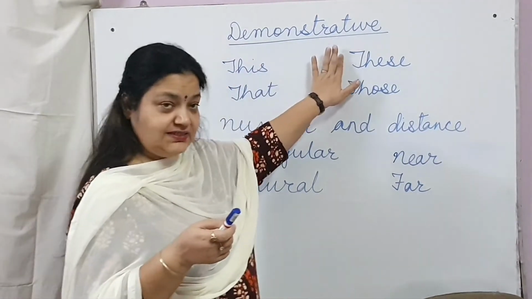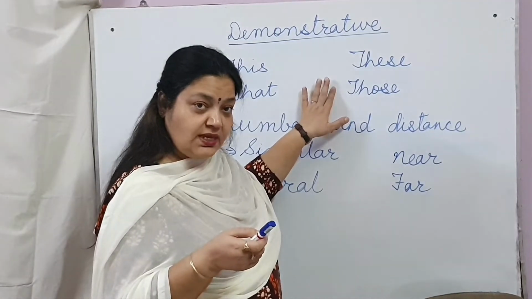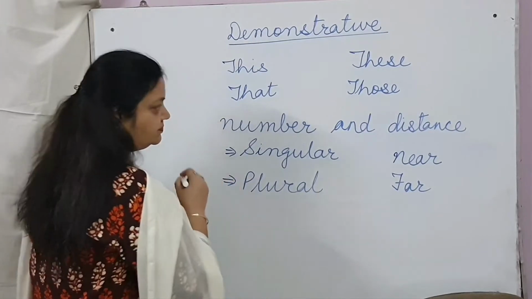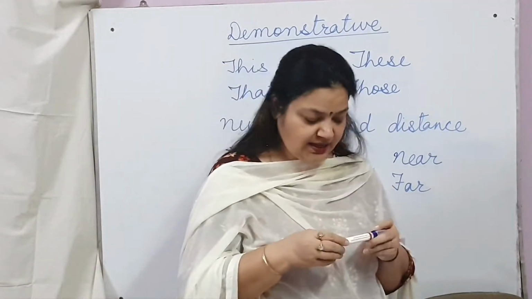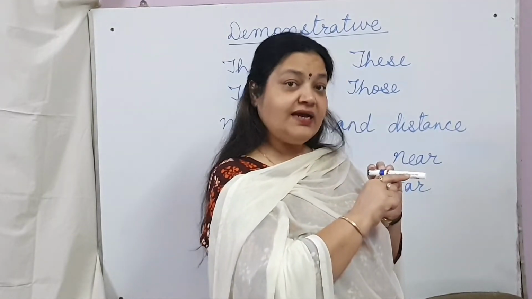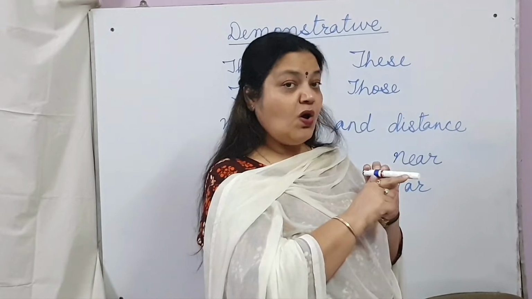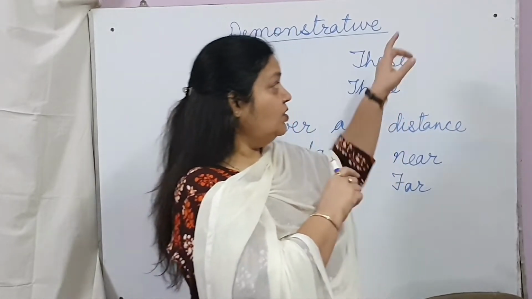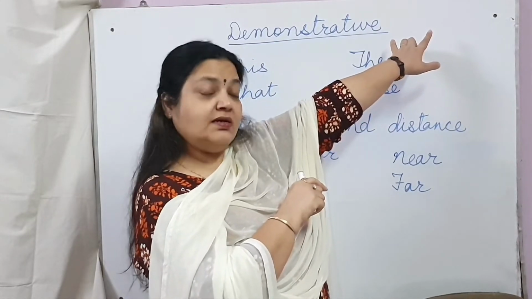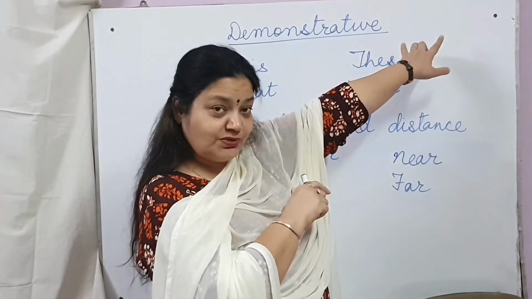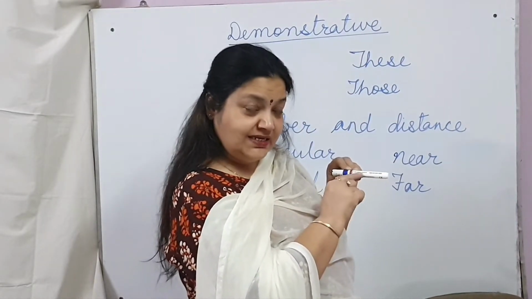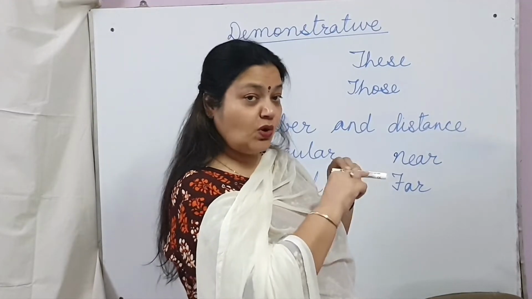Now when I say these and those, I talk about things which are plural. Like I say, these marks on the pen are done by black color, or I can say, those points on the board are of black color. Here children, I am talking about these many marks on the pen.